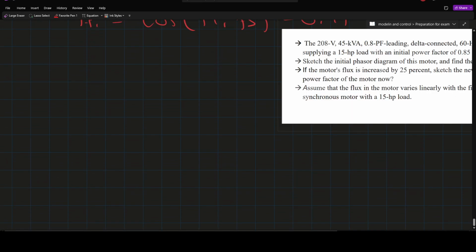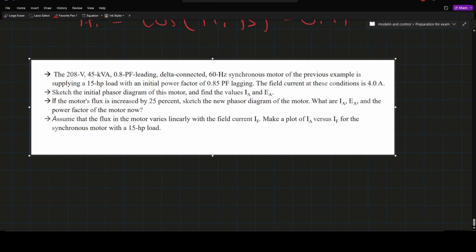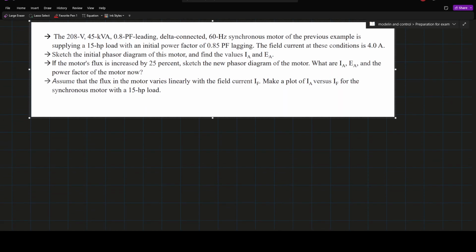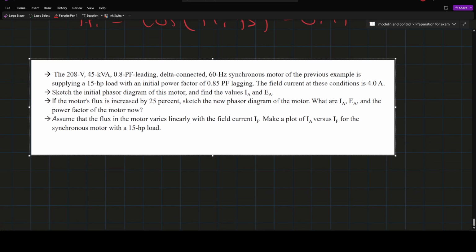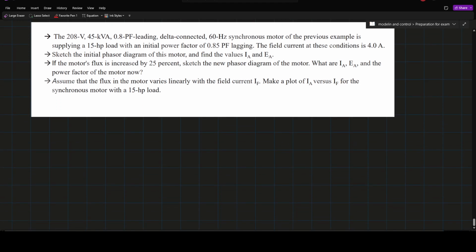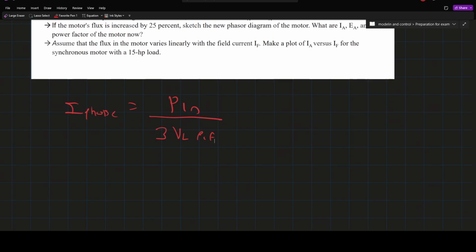Okay, for the next exercise, sketch the initial phasor. By now we know that our current in the phase is equal to the power in over 3 times the voltage in the line times the power factor. That's what we did before, mainly.